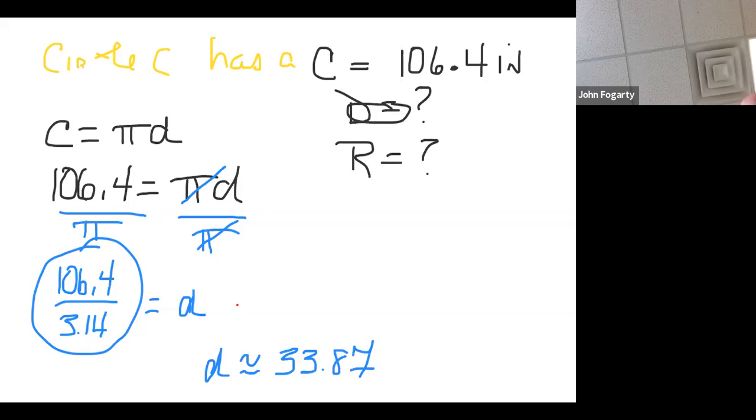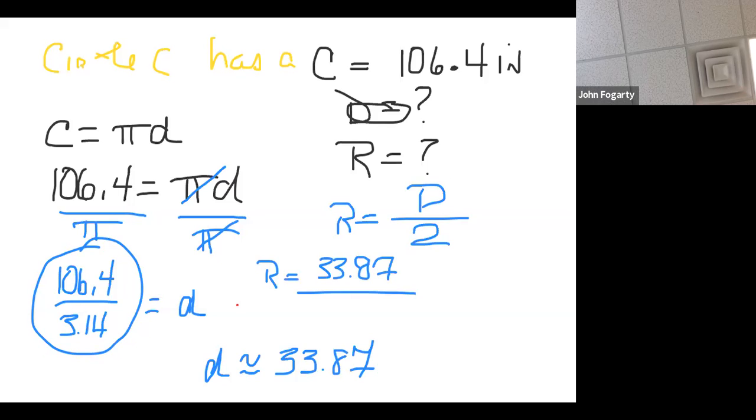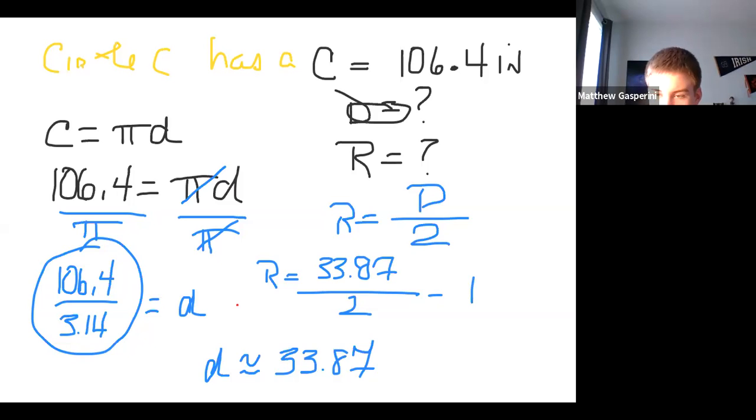Now, what if I said to you, tell me what the radius is? Well, what's the radius equal to? The diameter divided by 2, right? So 33.87 divided by 2 equals, right? What do you end up with? 33.87 divided by 2. 16.94.